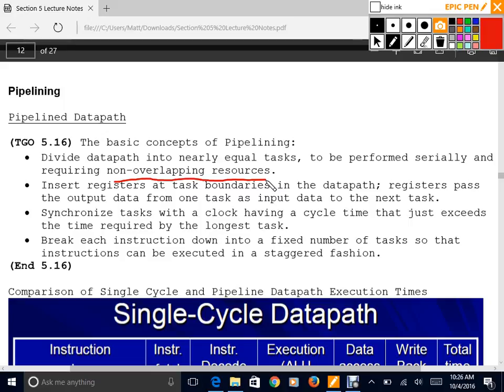So we're going to insert registers at these task boundaries in the data path, where the registers pass the output data from one task as input data to the next task. So for example, instruction fetch, first stage. Program counter goes to the instruction memory, outputs a 32-bit instruction, right? The register is going to hold the instruction until the end of the clock cycle, and then move it on at the next clock cycle. So that way that goes to then 31-26, 25-21, 20-16, and so on.